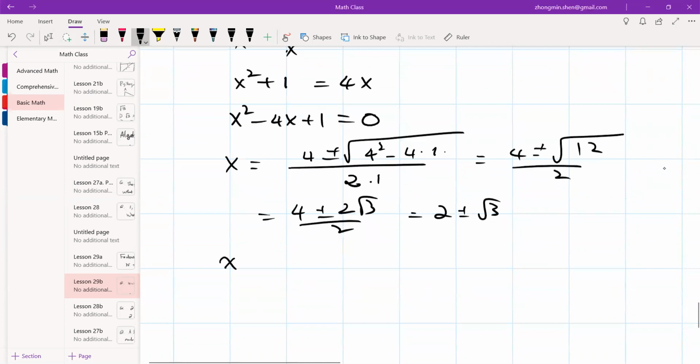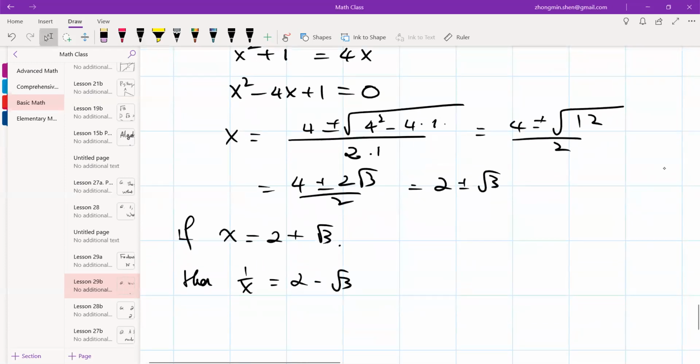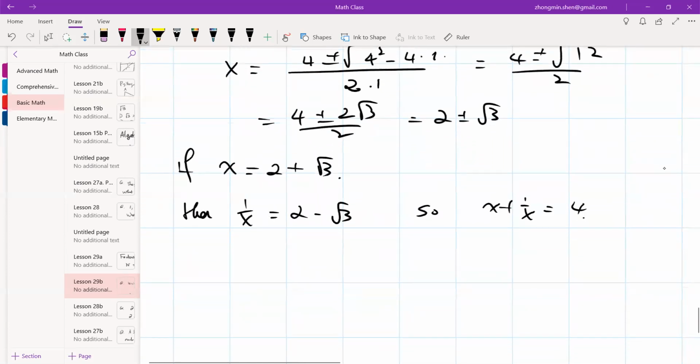Why? It's magic. If x is going to be 2 plus square root 3, then 1 over x is what? 2 minus square root 3. How do you see that? So then the sum is going to be 4, because square root 3 and negative square root 3 cancel out. But how do I know 1 over x is 2 minus square root 3?